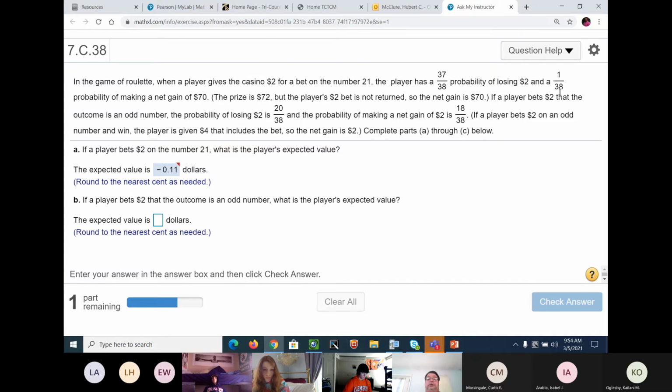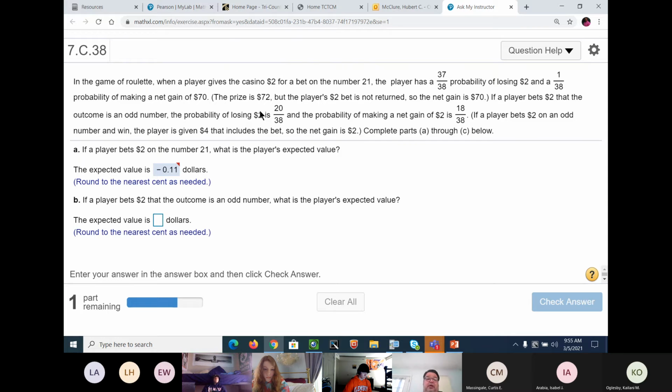Let's see what else it says. Probability of making a net gain of $70. The prize is $72, but the player's $2 bet is not returned, so the net gain is 70. If a player bets $2 that the outcome is an odd number, the probability of losing, okay, odd number, and this is just numbers.